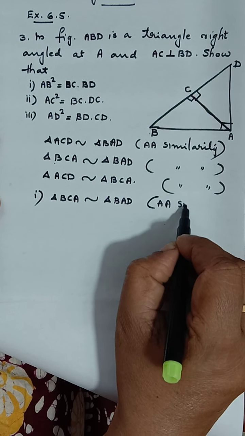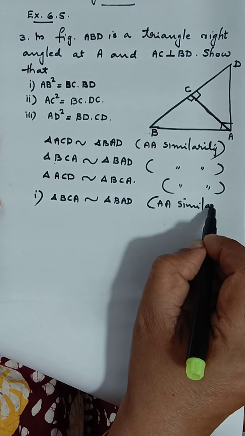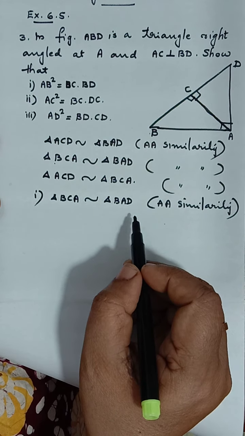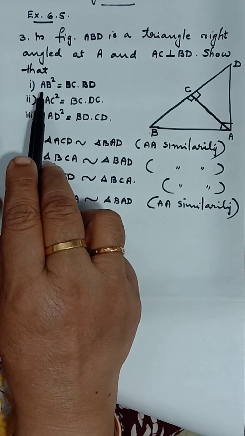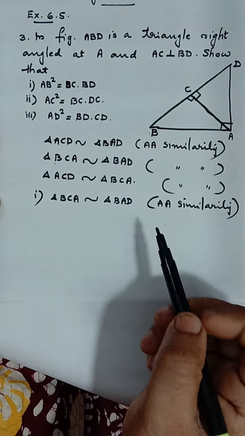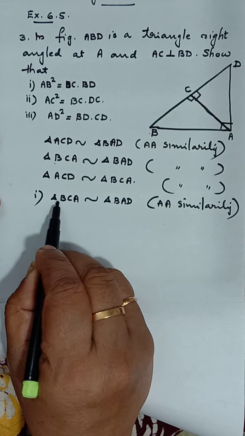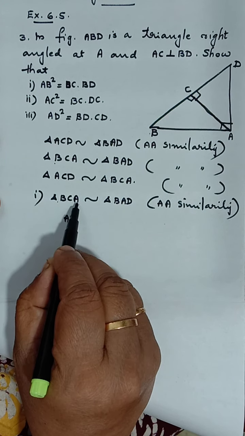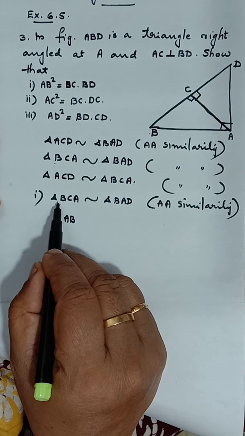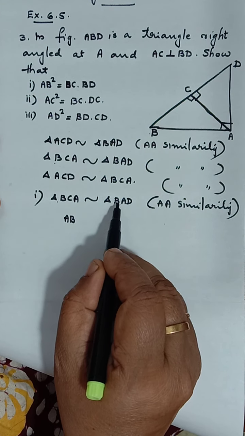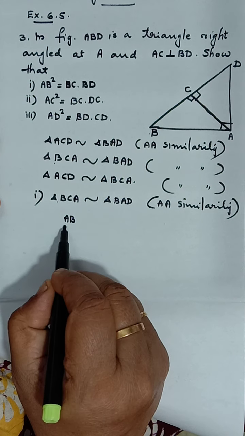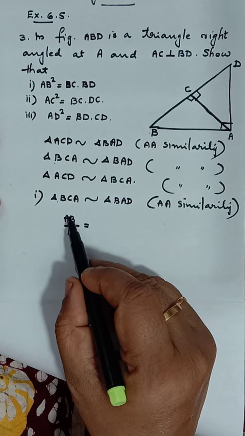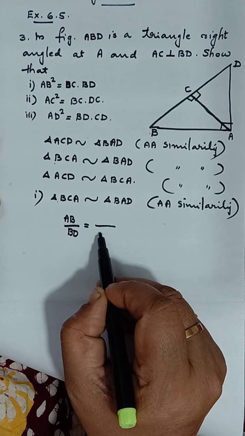By AA similarity we will write, no need of the steps. This will be enough. If it is similar, sides are proportional. AB or BA, AB we can write. So AB by DB, DB or BD, it is the same, is equal to, if AB is here, here we need AB.